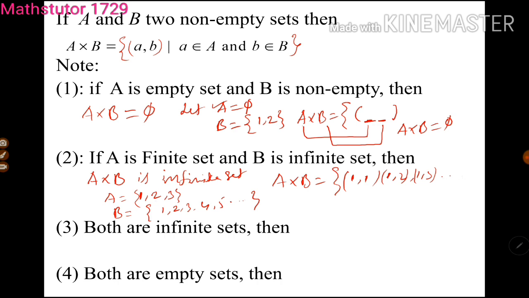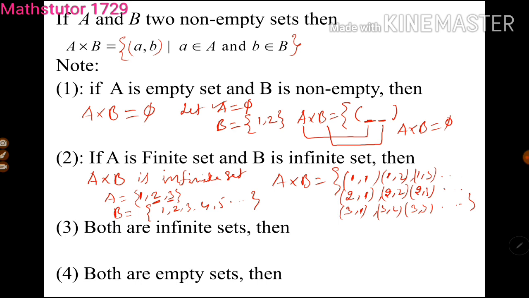Now fix the number 2 from the set A. We write the ordered pairs (2, 1), (2, 2), (2, 3) and so on. Similarly, we can fix the number 3 and write (3, 1), (3, 2), (3, 3) and so on.